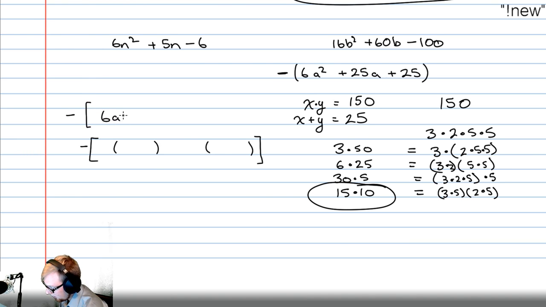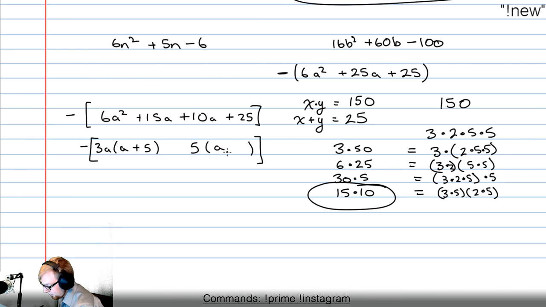So you had 6a squared plus 15a plus 10a plus 25. Okay. So how did you factor them? How did you group? I factored them as 3a and then a plus 5. Okay, and your next one? 5, a plus 5. Now what?